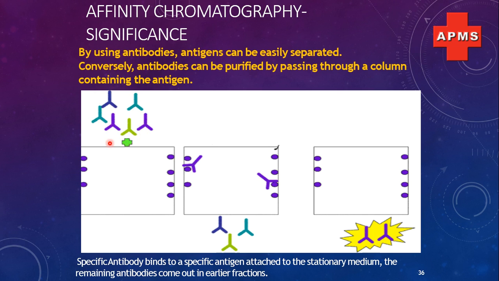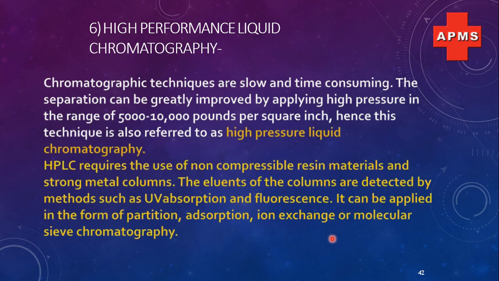A specific antibody will be retained, making non-covalent bonding with this antigen, that is antigen-antibody interaction, and the remaining components which do not interact with the antigen will move fast inside the column. So this is a simple example of affinity chromatography.